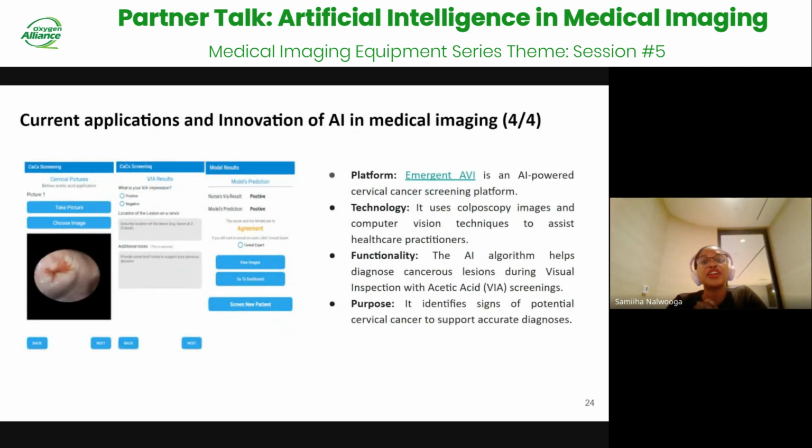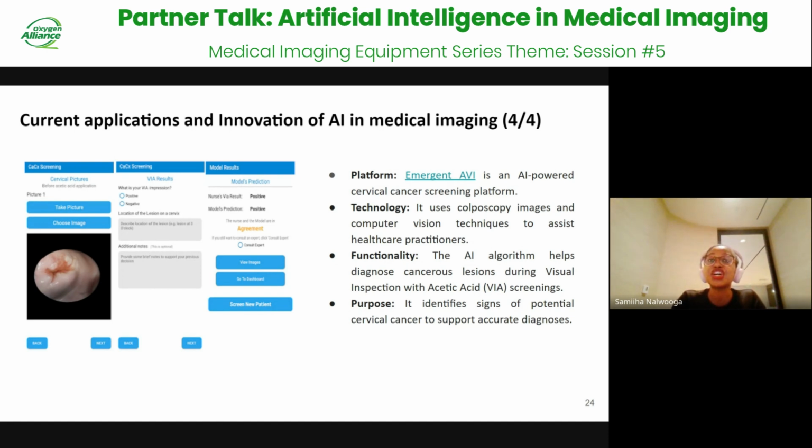So then we have another one. This is also made in Uganda. It's called Emergent AVI, an AI-powered cervical cancer screening platform. The imagery is taken using a medical procedure called colposcopy.